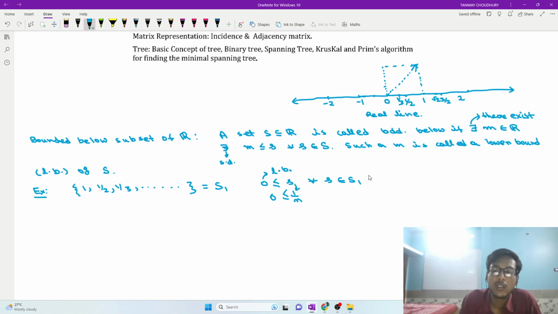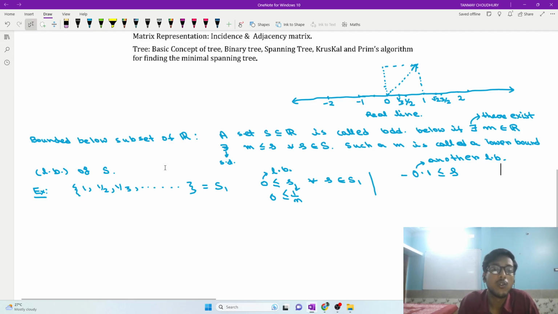Now someone else, instead of saying 0, can say that minus 0.1 is also less than all the elements in the set S. Yes, that is also true. So this is another lower bound. So once we have a lower bound of a set, then anything which is less than or equal to that lower bound will also work as a lower bound, right?